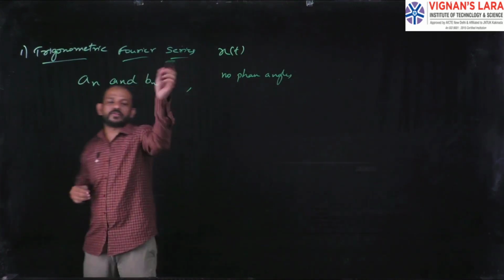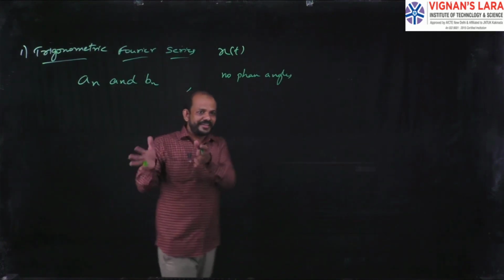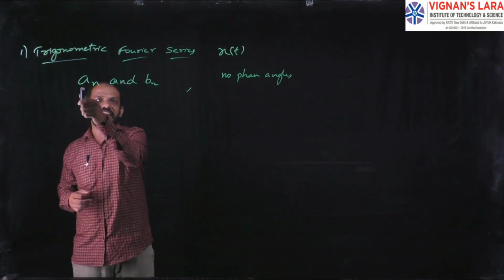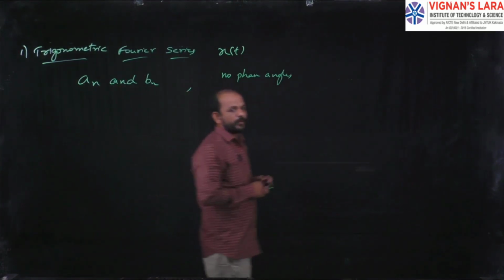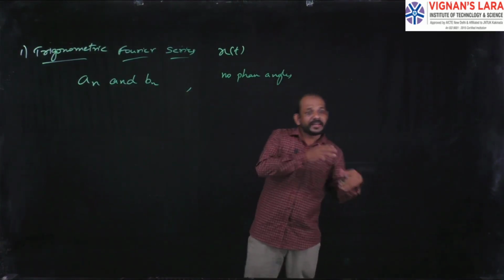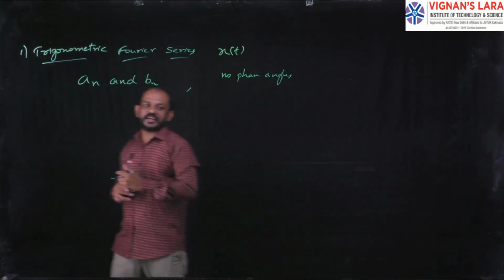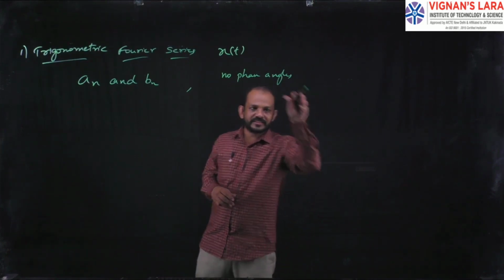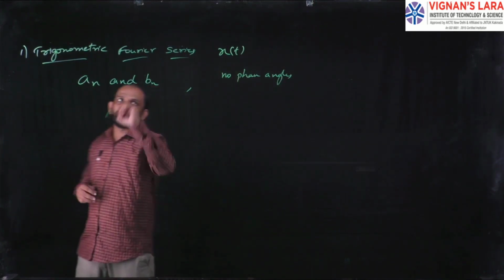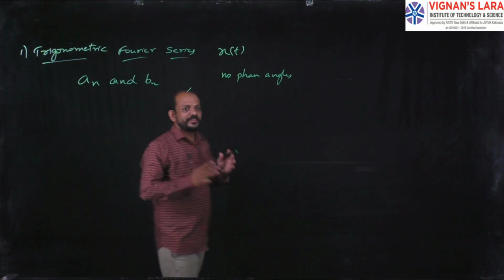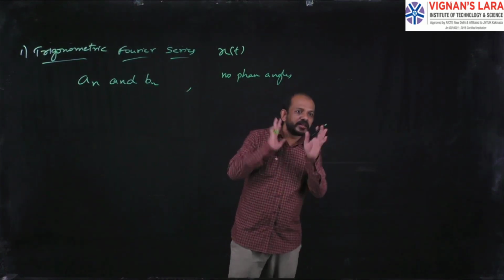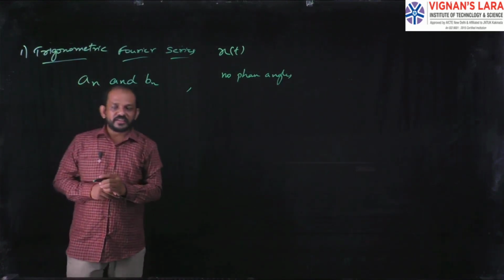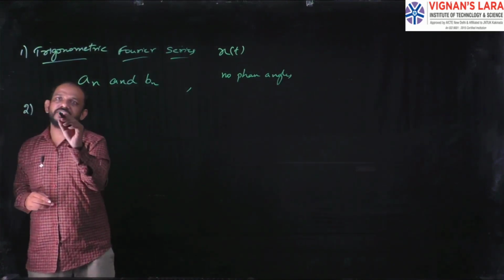Hence this trigonometric Fourier series consists of sine and cosine terms with amplitude coefficients an and bn, both positive and negative, but with no phase angle. Hence for trigonometric Fourier series we can draw the amplitude spectrum only.